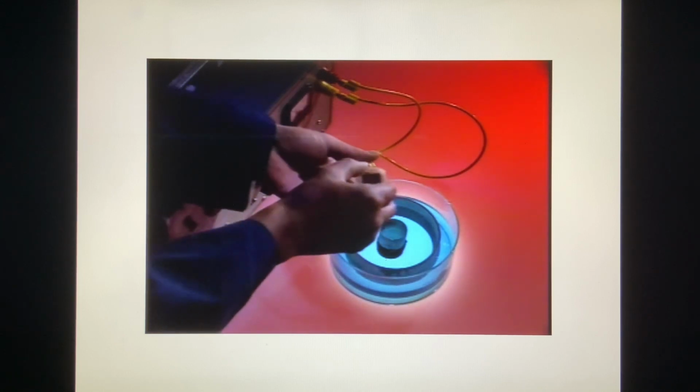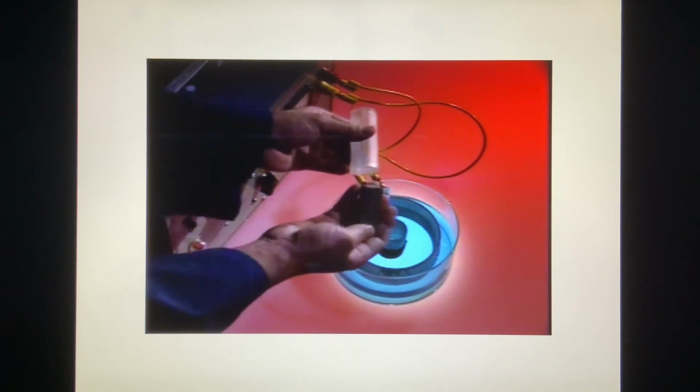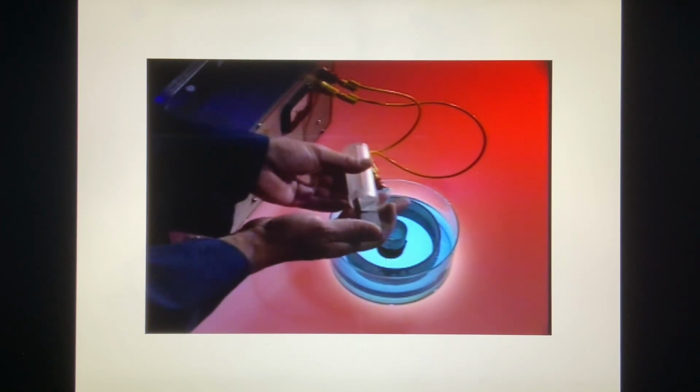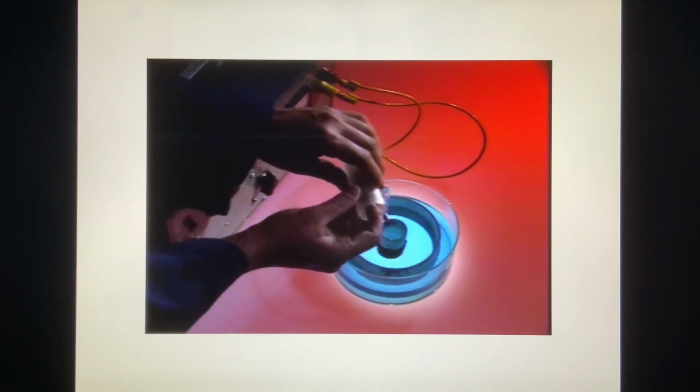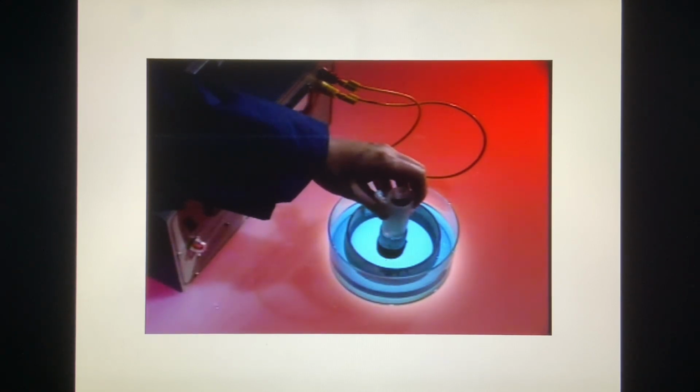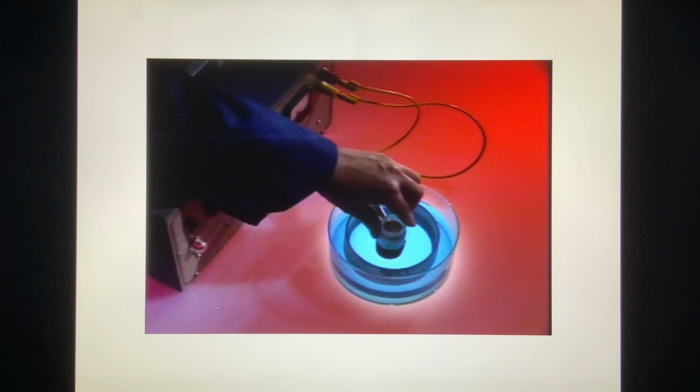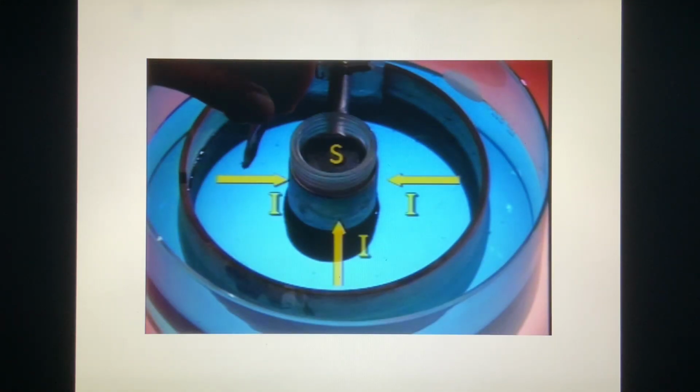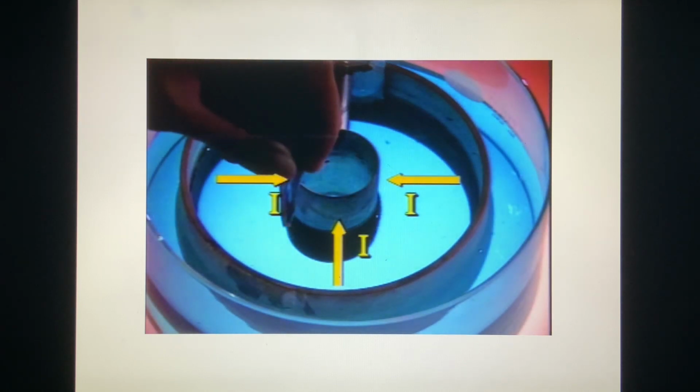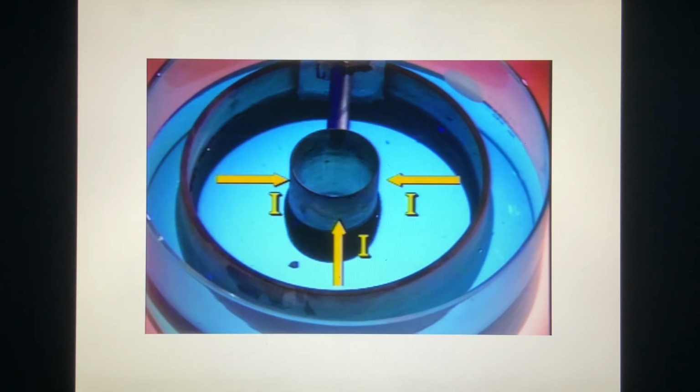Reversing the magnet reverses the spin. If we remove the magnet from the center of the dish, the spinning soon stops.